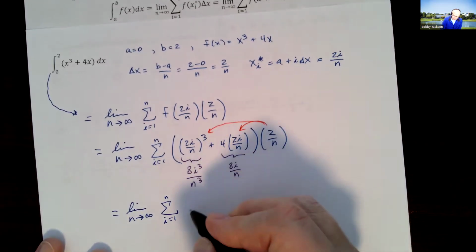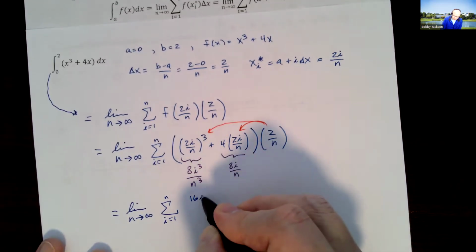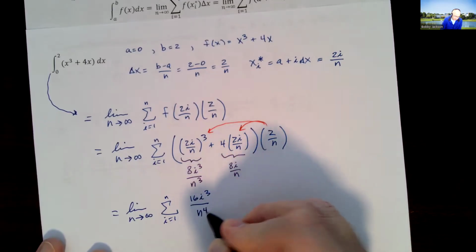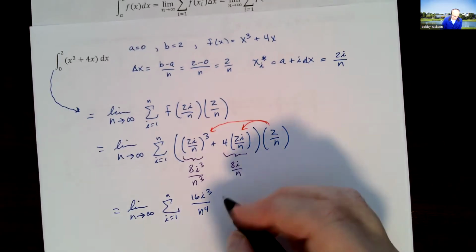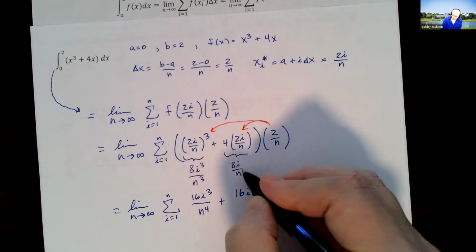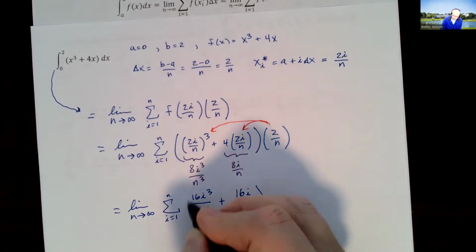So 2 times 8, 16 i cubed. n times n cubed is n to the 4th. Plus 2 times 8, 16i, n times n squared.